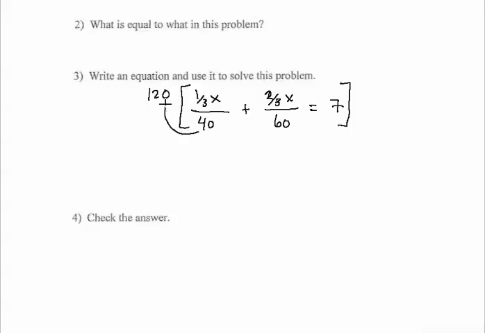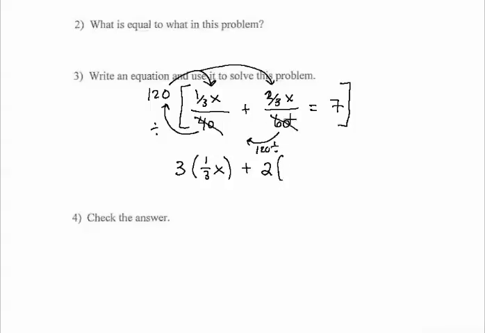So 40 divides into 120 and we get a 3. The 40 gets knocked out and what we have left is what's on top of the fraction. Now the 120 is going to multiply the second fraction, so 60 divides into 120 2 times.